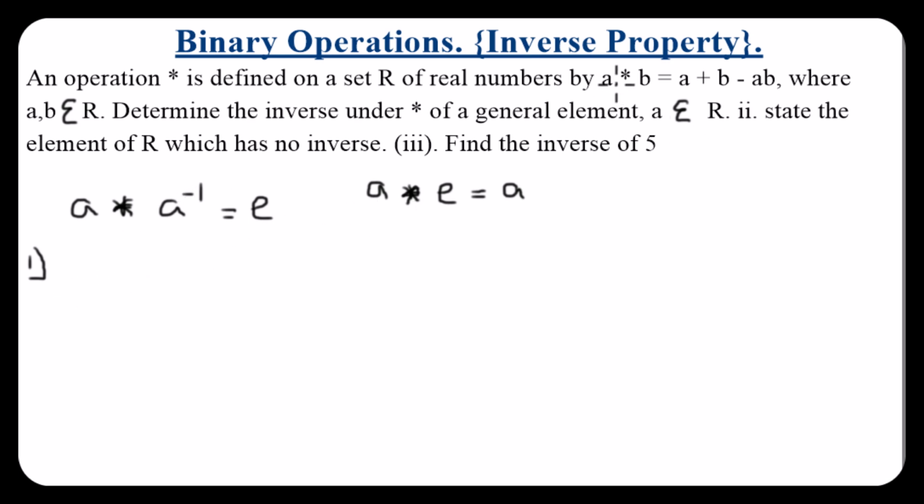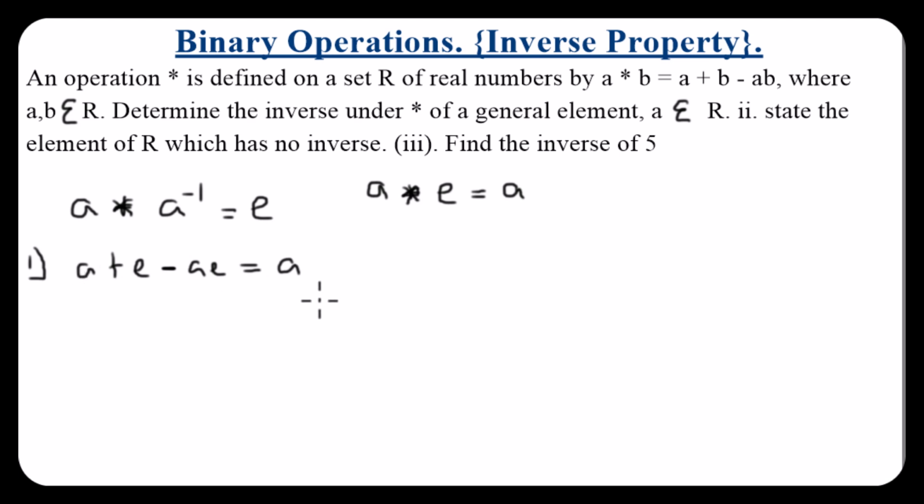All right, for question one, let's find our identity element first. You can see the operation A star B, A star E. So anywhere I see A, I will use A. Anywhere I see B, I will use E instead. So this becomes A plus E minus AE, and this is equal to A. Now, how do I find the identity element?